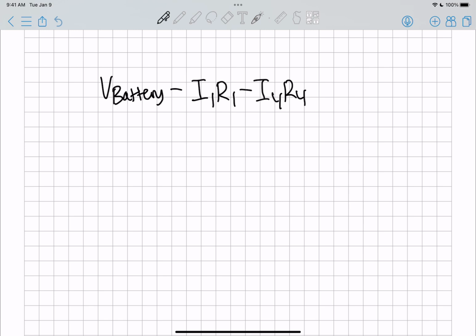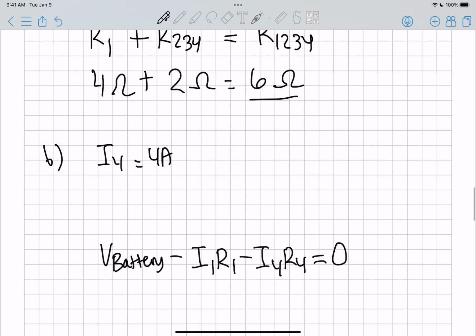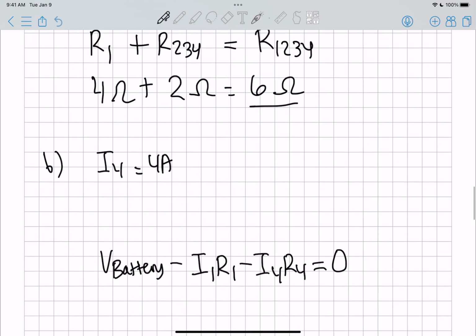Yeah, that's what I had at first, and then that should all equal 0. But the problem is we don't know what the battery is. Oh, hold up. So R1234 was 6 ohms.